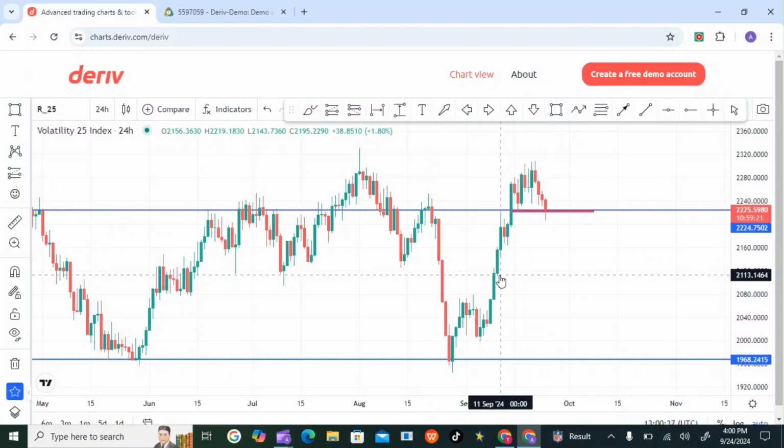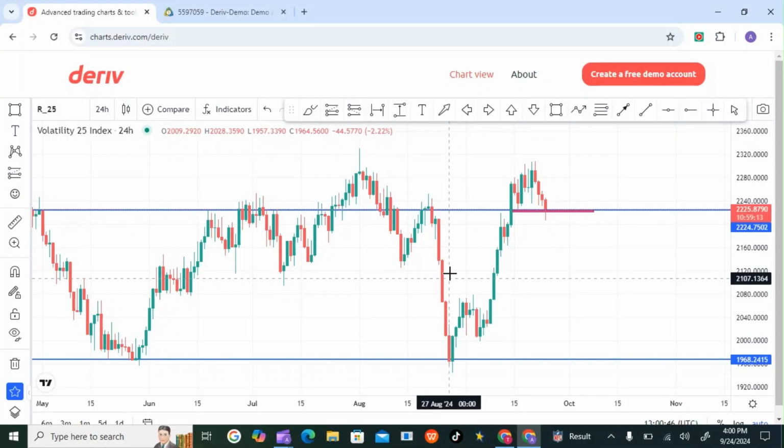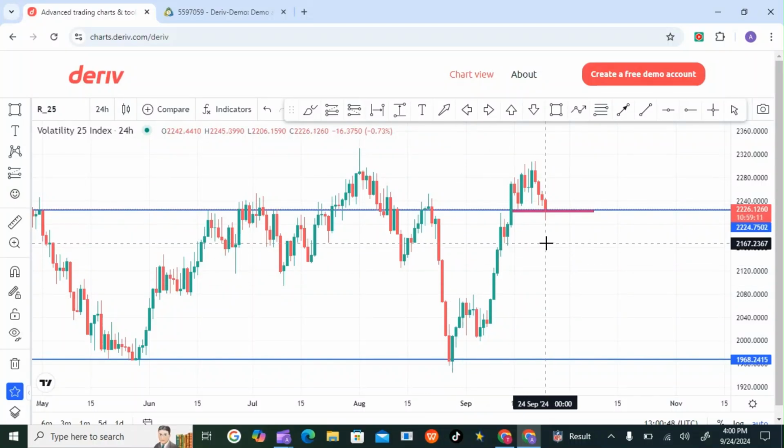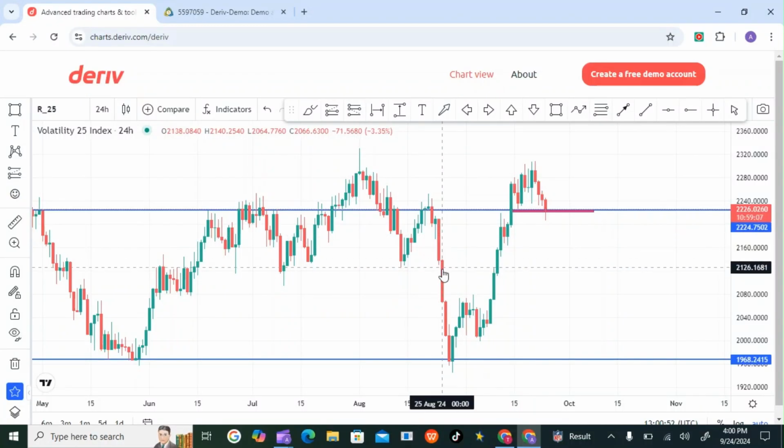So how do we know that this is a valid fair value gap or not? How do we identify fair value gaps? You check for three consecutive candlesticks of the same color, like this: red, red, red.